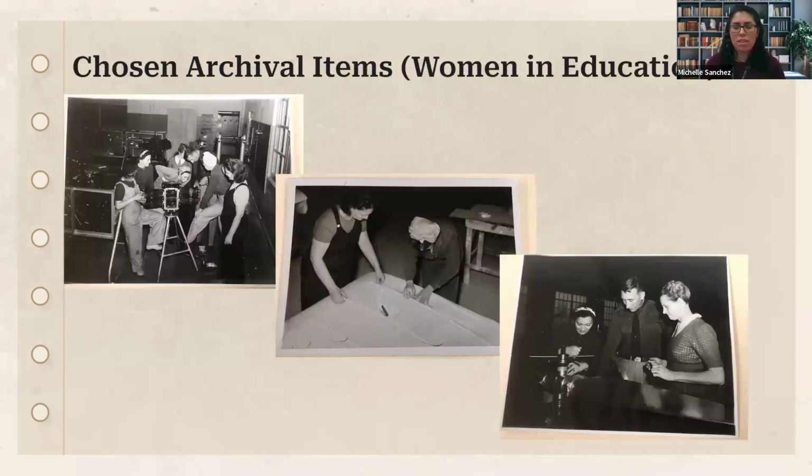So I'm just going to show you the top three subject areas that students wanted to do their project on. The first was women in education, and I fell in love with these photos when I was itemizing our collections. These are photographs from our aeronautics department in 1942. Of course, it was World War II, men were going off to war and leaving open positions in the job areas, in the careers.